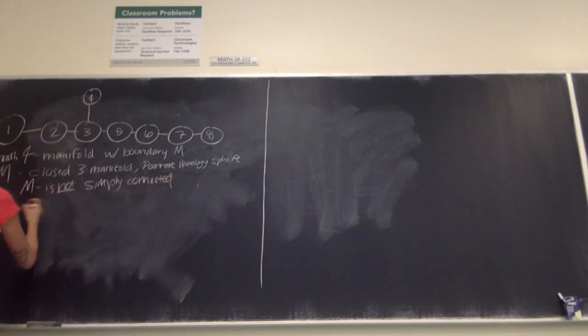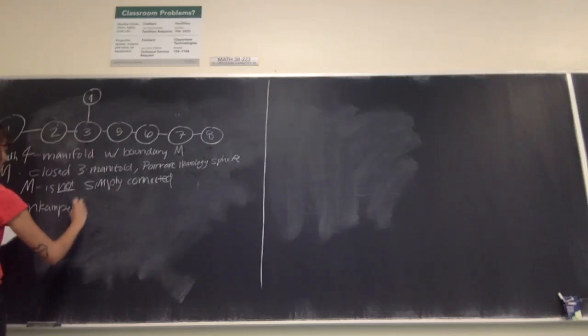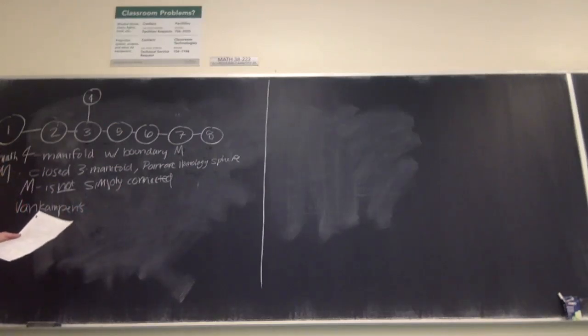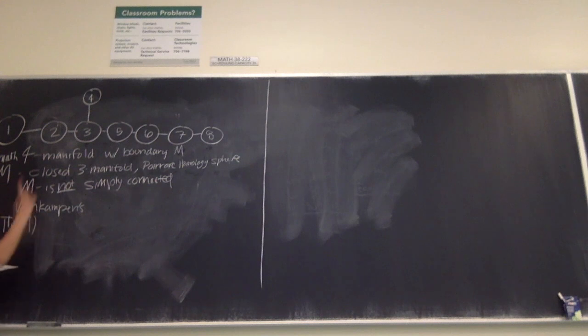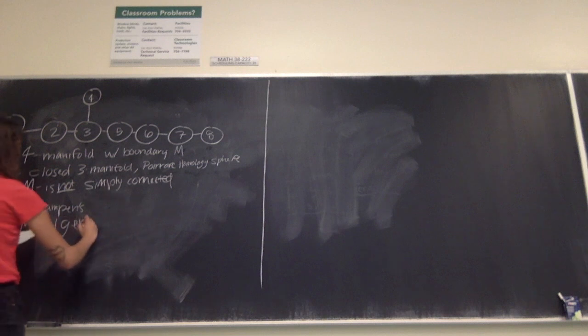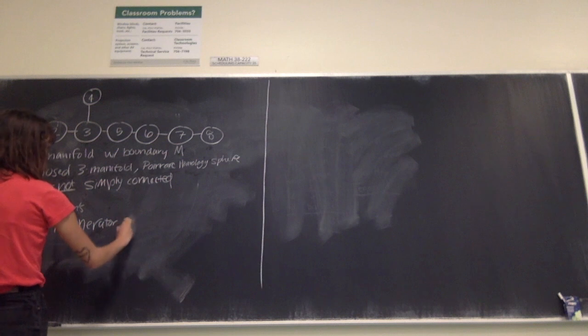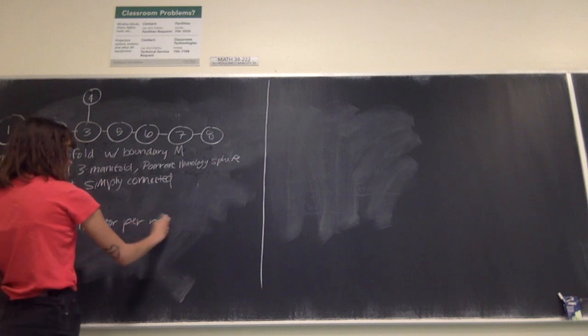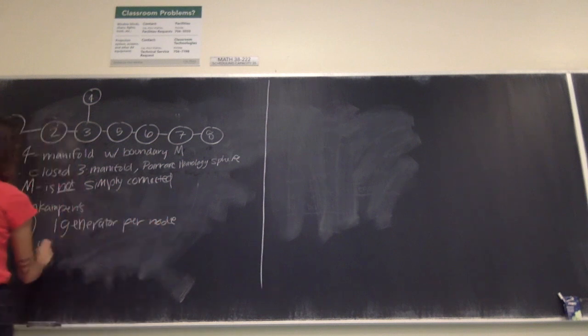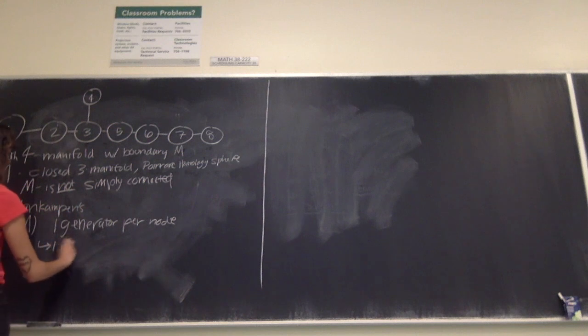We utilize Van Kampen's theorem in order to show this. And from Van Kampen's, we're able to see that the fundamental group of our homology sphere is going to have one generator per node, and also one relator per node in our Dynkin diagram up here.